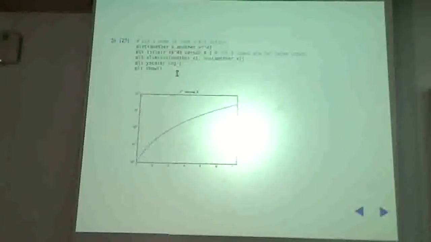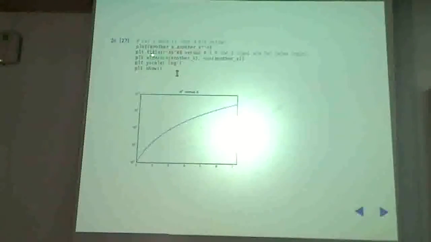Now we want to make it look a little bit better. So we again plot that same thing. We give it a title, but now we have changed it into a raw string, because we write x raised to 4 versus x.